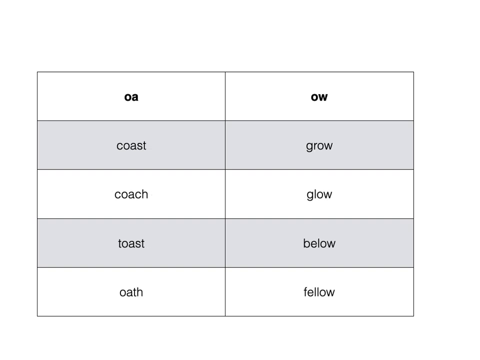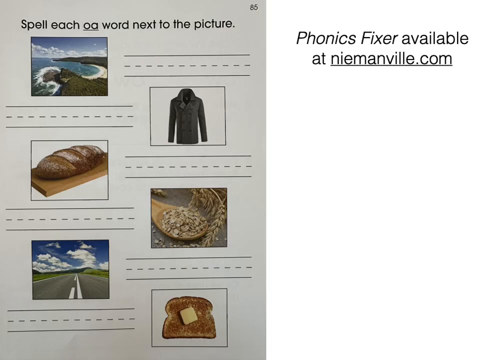As you are working with them, they should be able to read OA words and OW words, but also they need to be able to spell words that are OA and OW, and they need to tell you why they are spelled that way.